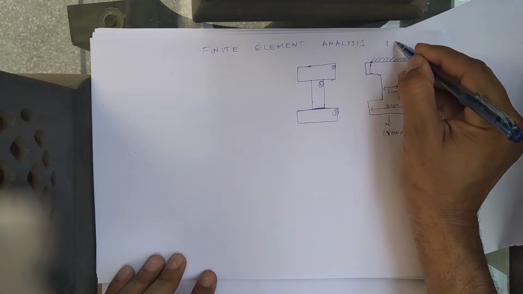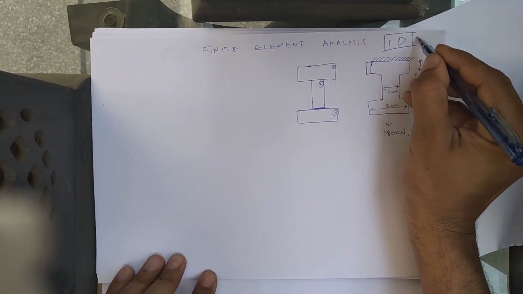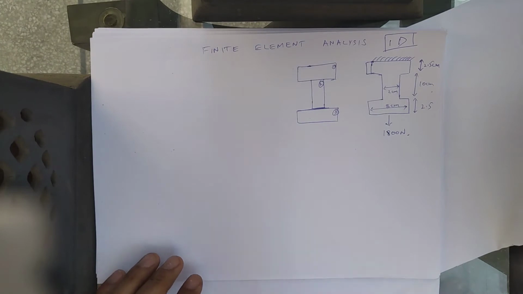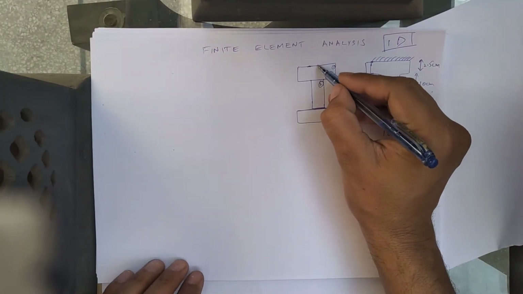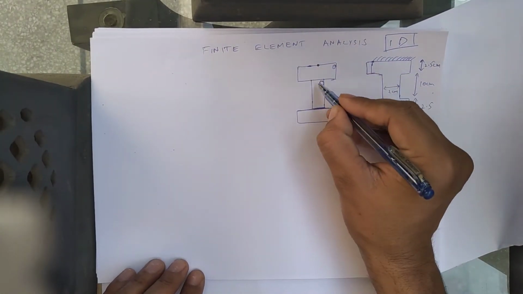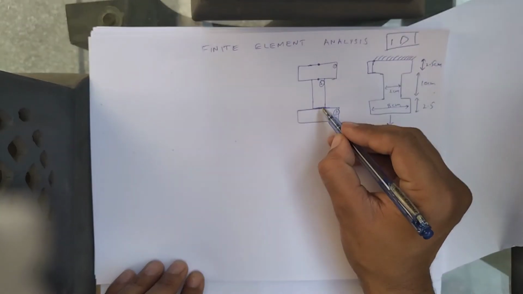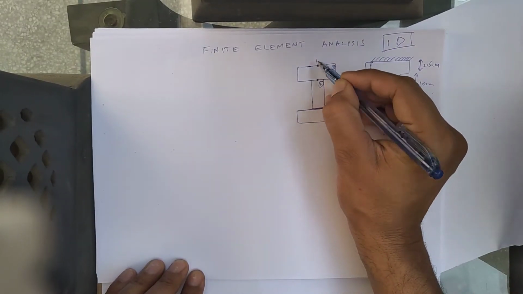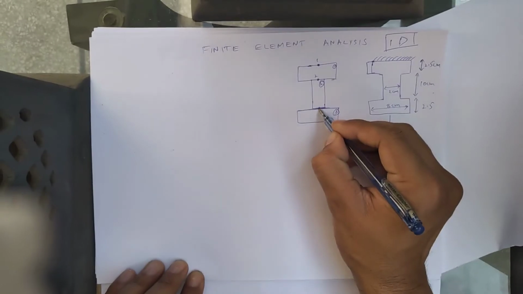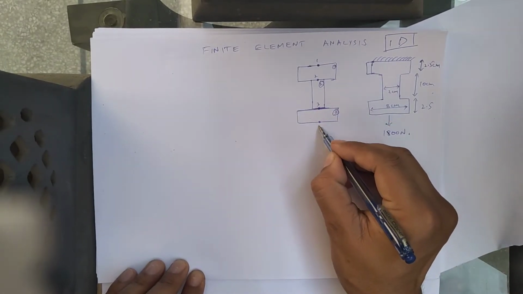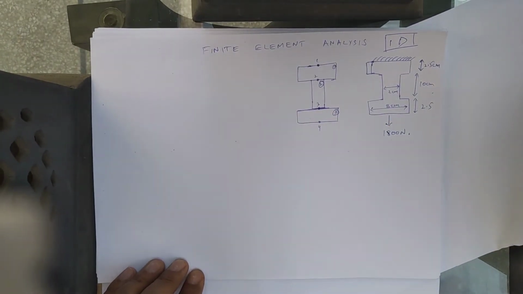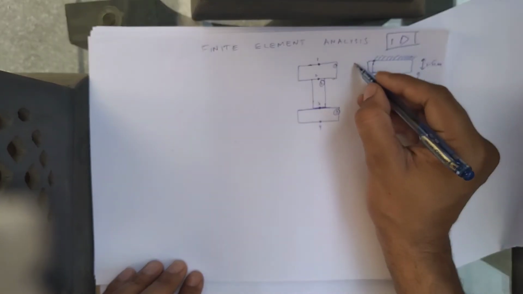Because we are doing a one-dimensional problem, the nodes will be one-dimensional. What does that mean? For example, we have node number 1, node number 2, node number 3, and node number 4, right? So we can draw these nodes like this.